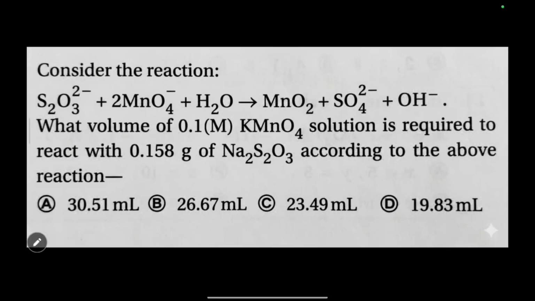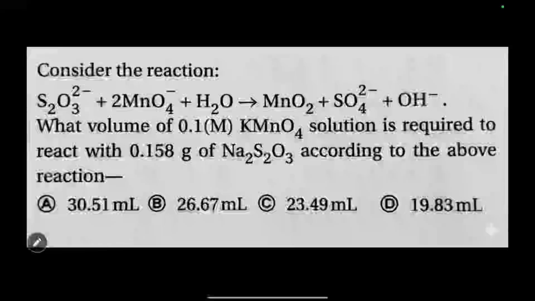You are asked to calculate what volume of 0.1 molar KMnO4 solution is required to react with 0.158 gram of sodium thiosulfate according to the above reaction. The previous two sums were about calculation of weight, but this sum is about calculation of volume. Volume of what? Volume of potassium permanganate, whose molarity is 0.1 molar.